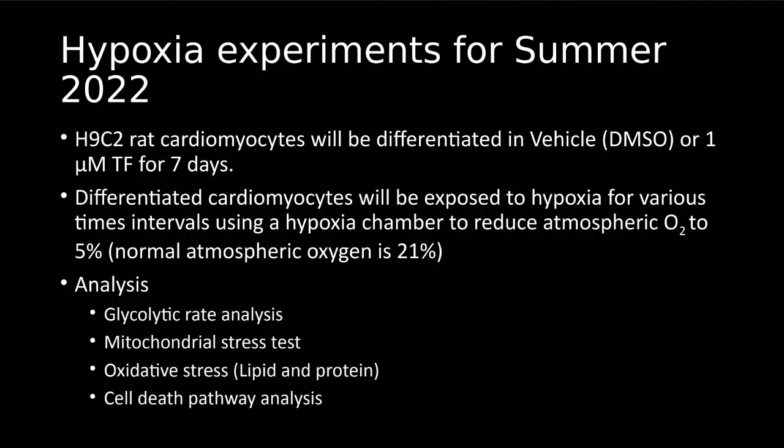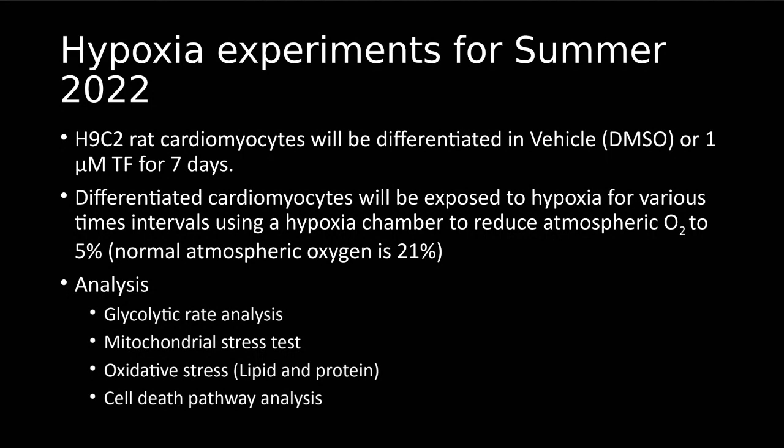So what I hope to do this coming summer is to examine the impact of this thiofluonide compound on the hypoxic tolerance of H9C2 rat cardiomyocytes. These differentiate in about 7 days. They're an easy model to work with. Students have a pretty easy time learning to culture these using sterile technique.